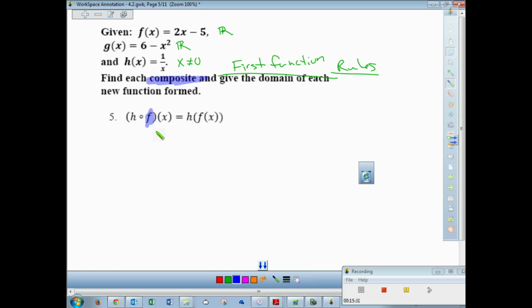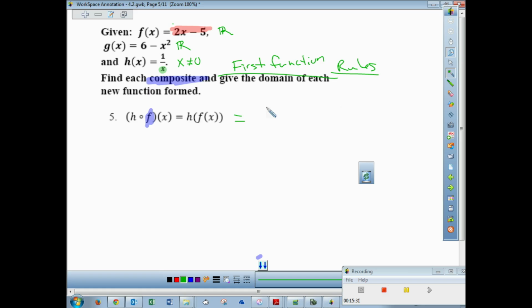But to look for restrictions, we have to look at F's original domain. Isn't F the function that comes, quote unquote, first? What's its domain? All reals. Aren't we allowed to select any number we want? Now, let's put it into H. So H of f of x equals, I need to take this, let me get a highlighter, and substitute it in for x into the H function.